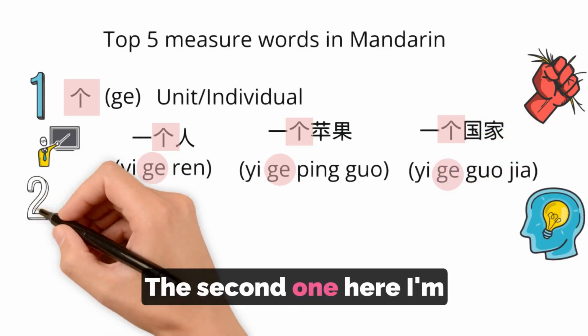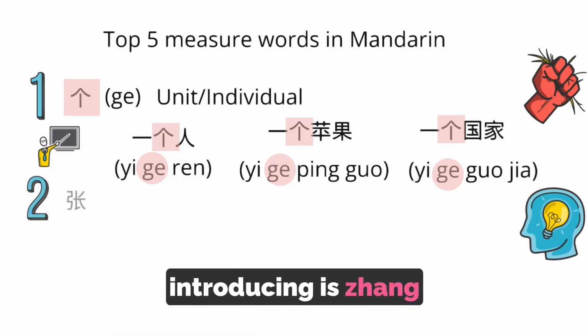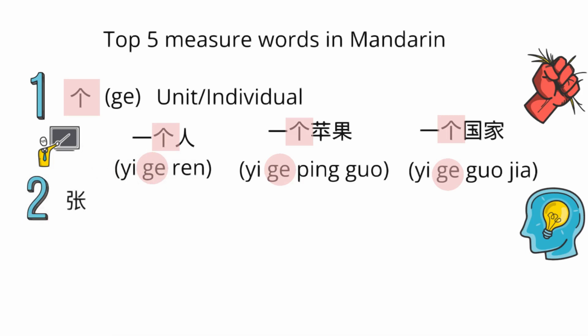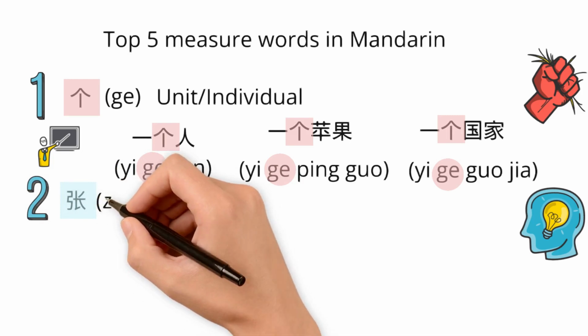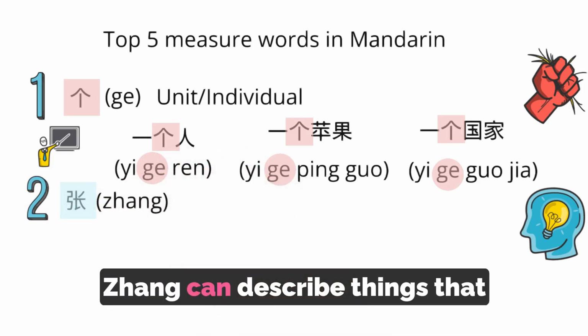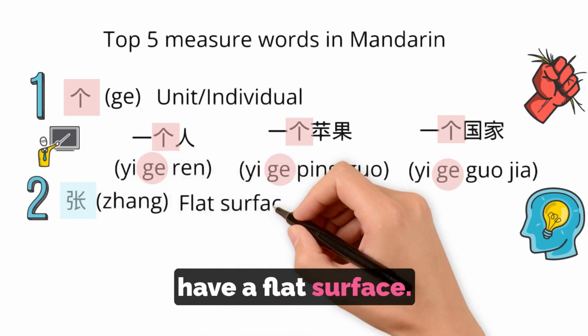The second one I'm introducing is 张. 张 can describe things that have a flat surface.